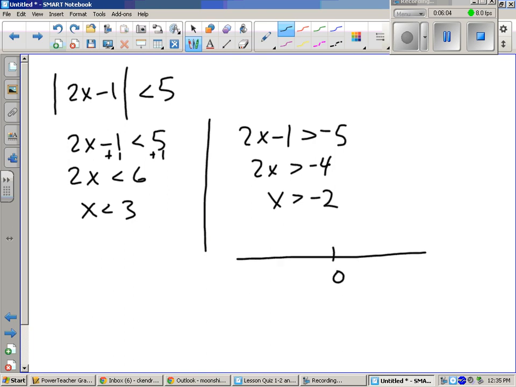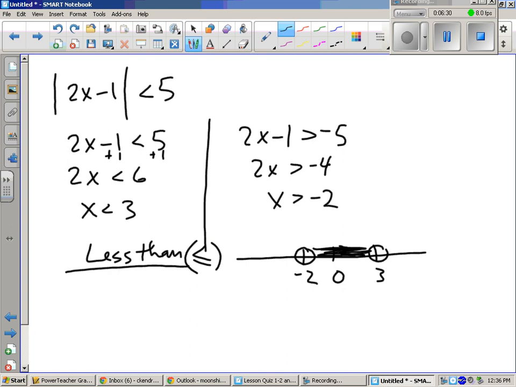Here's 0, here's 3, here's -2. Open at -2, and we're going to shade to the right. Here we have open at 3 and shade to the left. That means we're going to have just the points in between. So what we can say is less than, okay, that symbol, less than or equal to even, is you're going to shade between the answers.